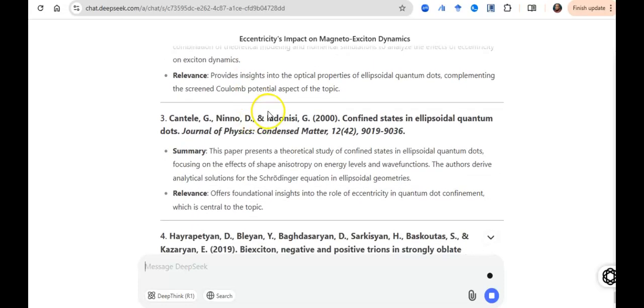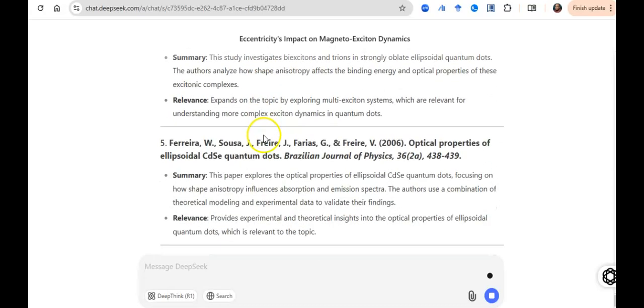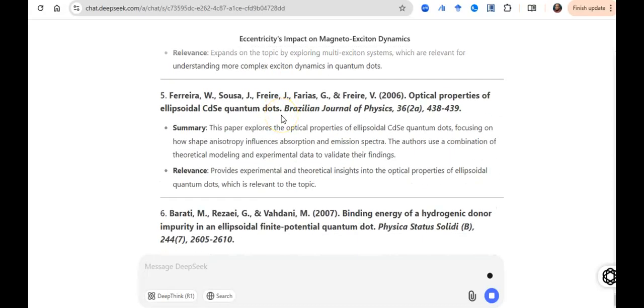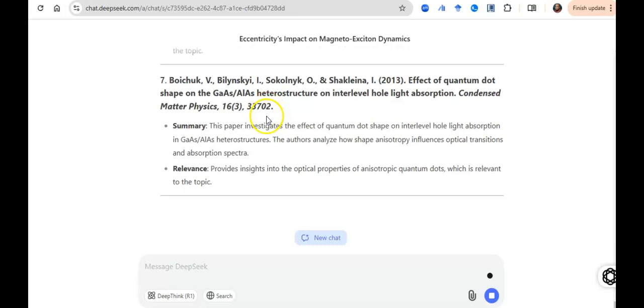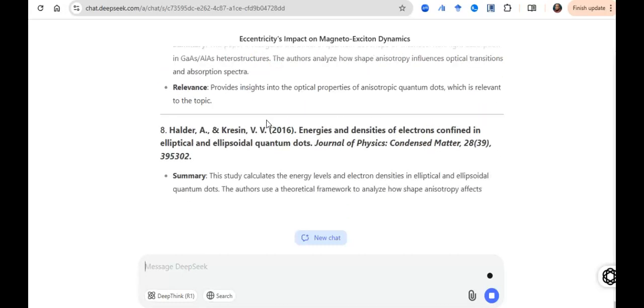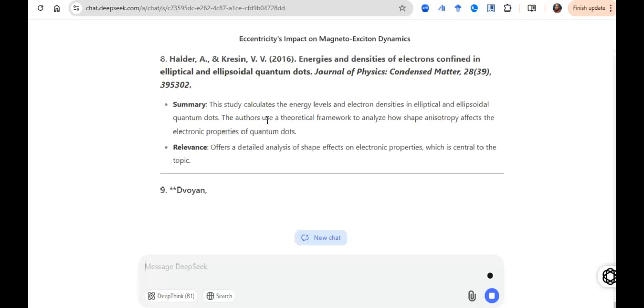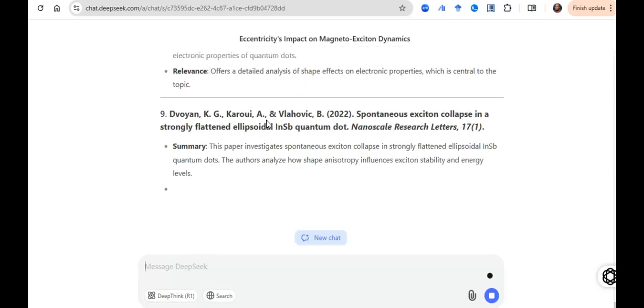And we have Cantelli, and he discussed confined states in ellipsoidal quantum dots. And we have plenty of persons here who have done related things in ellipsoids. And that is just so beautiful. I have 10 summarized literature. I could get their DOI and add them to my review of literature. These are some of the very beautiful things you can do with DeepSeek.